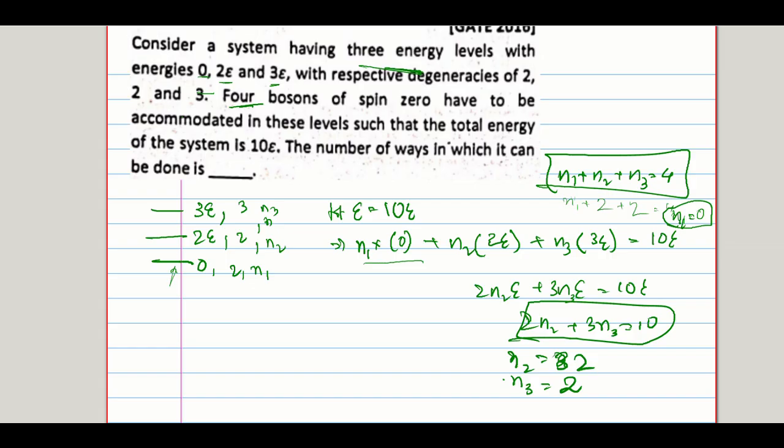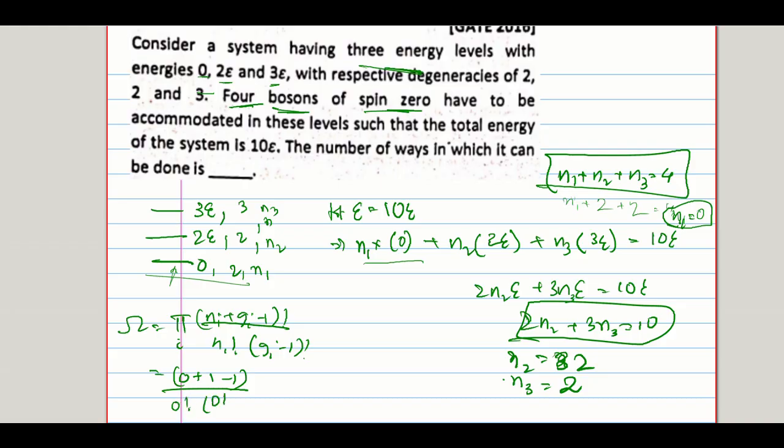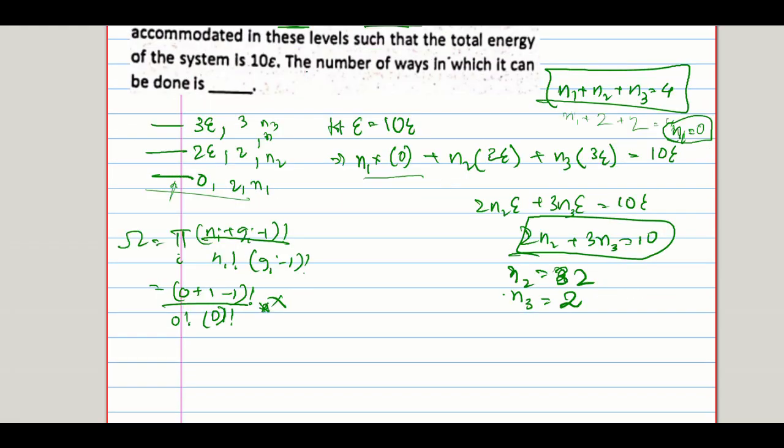Now look, these are basically bosons, spin zero. So the number of ways is the product over i of (ni plus gi minus 1) factorial divided by ni factorial into (gi minus 1) factorial. For the first level, it's 0 plus gi, which is 1, minus 1, over 0 factorial, so this whole term will be 1.